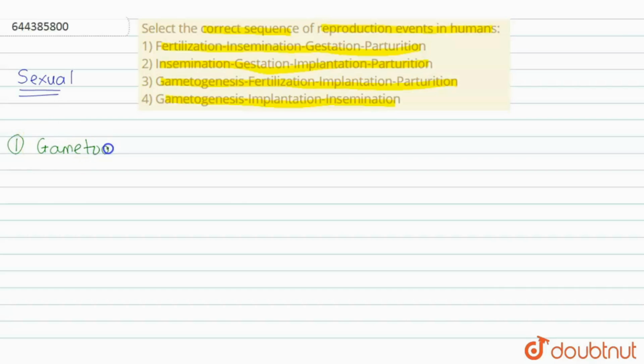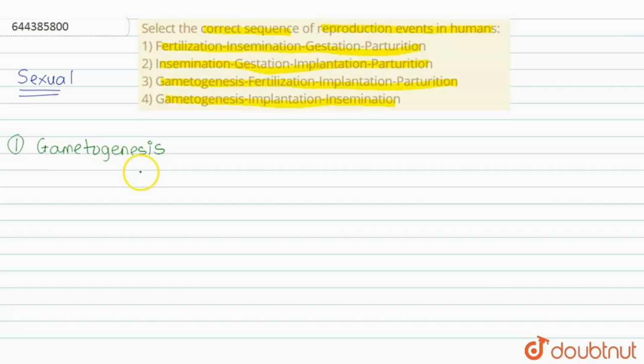Now what is gametogenesis? Gametogenesis is the process of formation of gametes. If there is formation of the male gamete, we call it male gametogenesis. And if there is formation of the female gamete, we call it female gametogenesis. So formation of the male and female gamete is called gametogenesis, and this is the first step in sexual reproduction in humans.